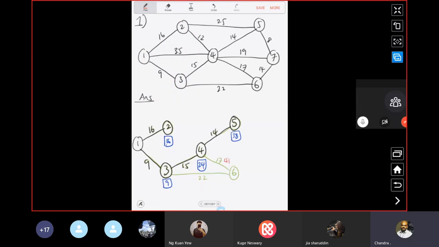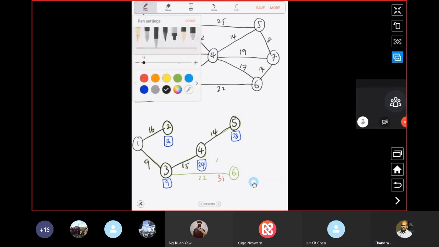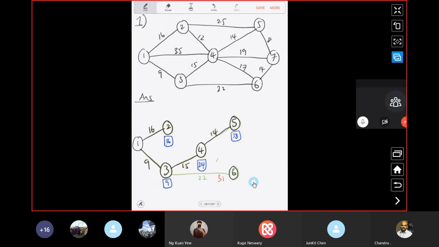If I go through 3 to 6, 9 plus 22, 31. 31, 41, which one is shortest? 31. We erase this one. Okay, this is 22. Right here 31.